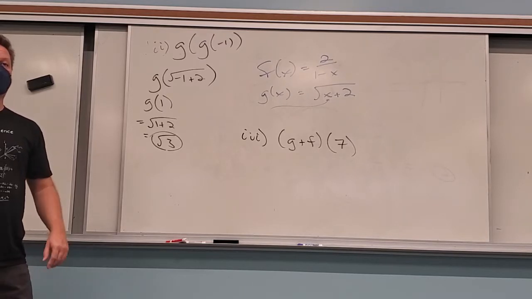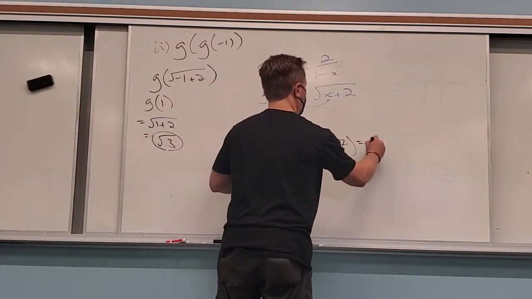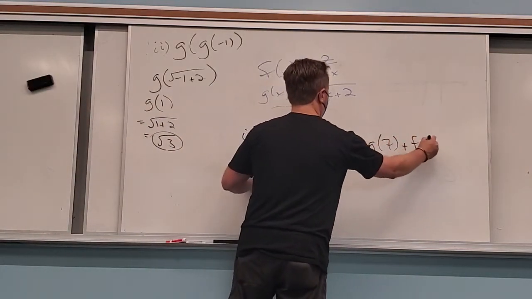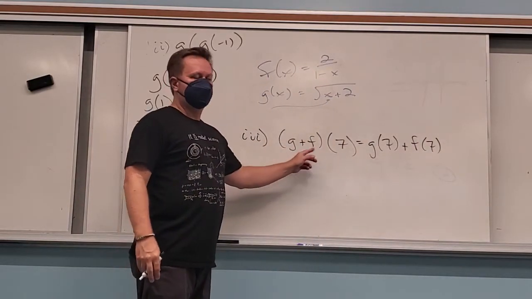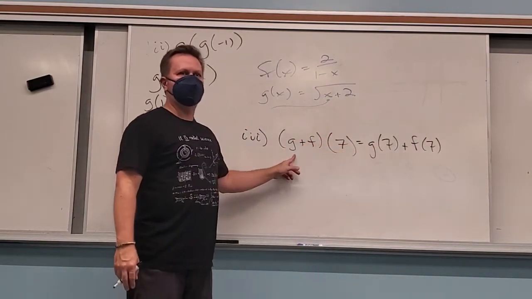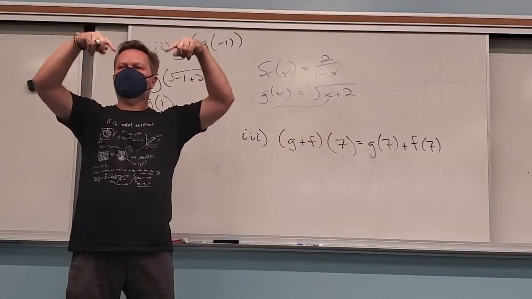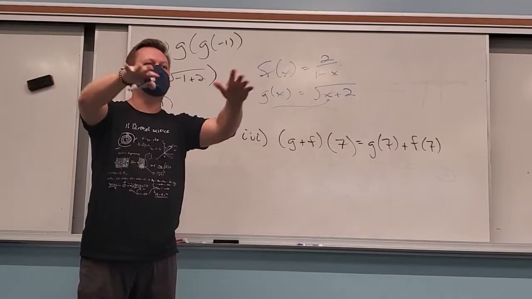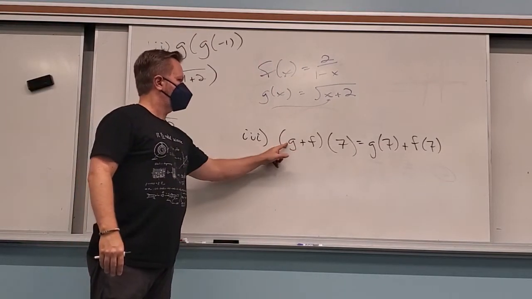Yes? Plug in 7 to G and F and then add them. Yes! You can rewrite this as G evaluated at 7 plus F evaluated at 7, right? What if that would have said times? Just put a times there. What if that would have said divided by? So it just means evaluate each function, and then whatever you get, do this to the numbers. So it says add what you get for G and F at 7.